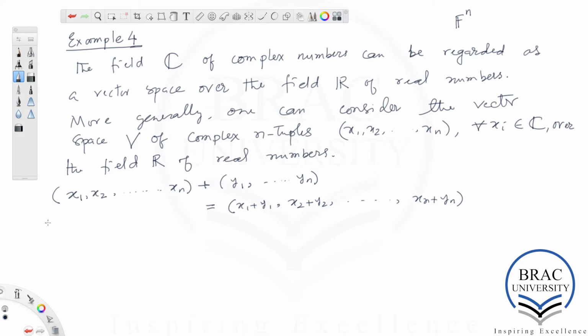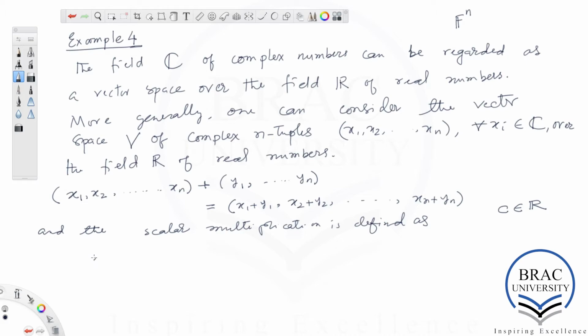Okay, and scalar multiplication is defined as follows. Remember that our c now takes its value in the field of real numbers, because our ground field is the field of real numbers.